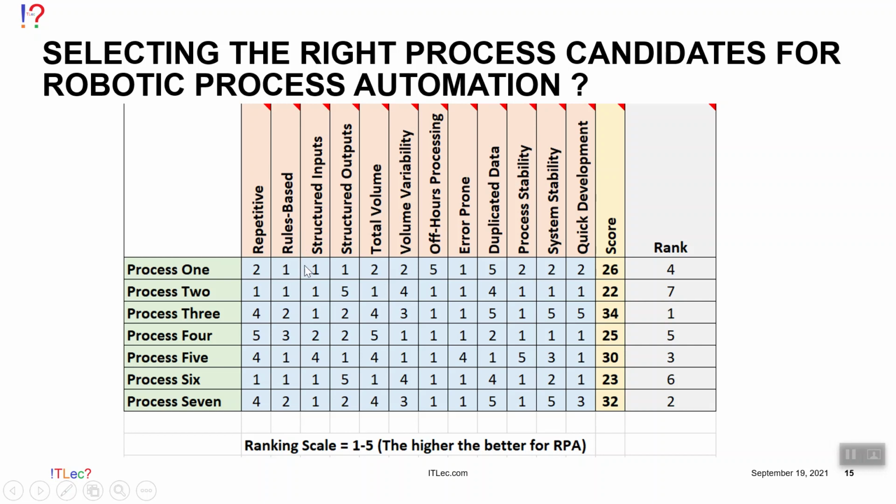So it is 0. Structured, yes or no. Total volume, yes or no. If it has a lot of volume, then it is more likely to be elected. This process will be elected to be automated using RPA.